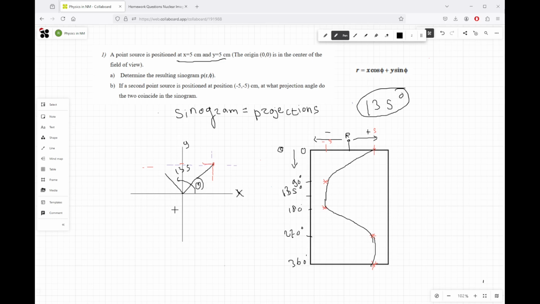Alright, so now we'll place the detector at that angle, at 135 degrees. So the detector will look like this. Bit longer. That's our detector. Again, this is the center.